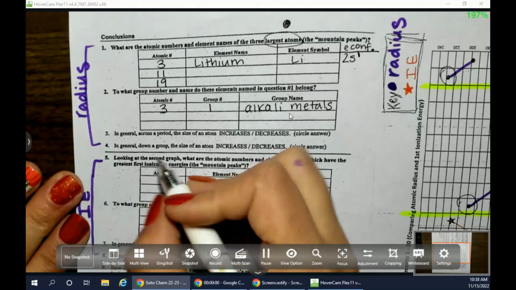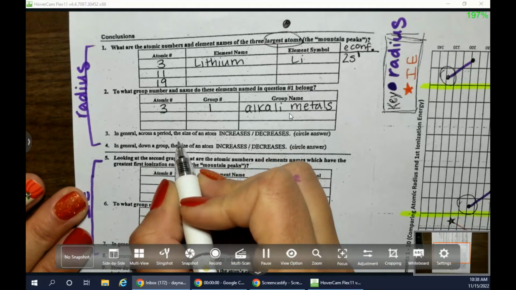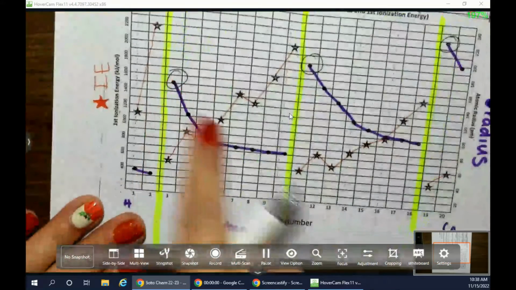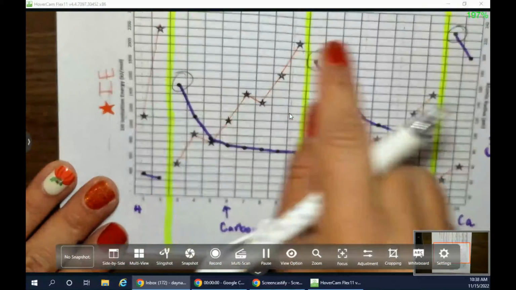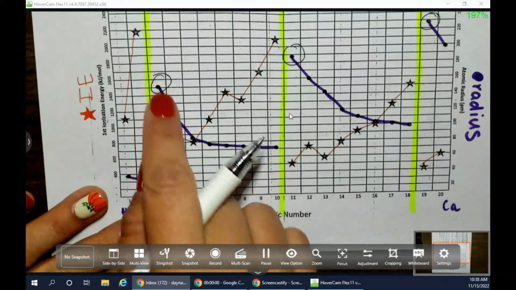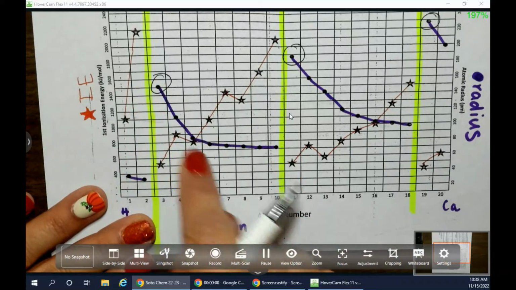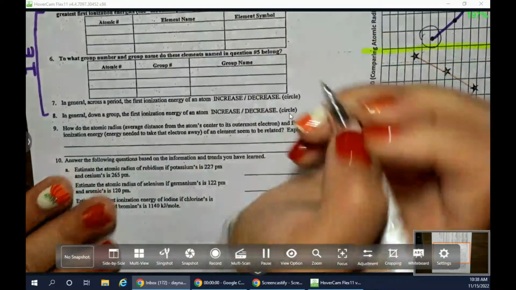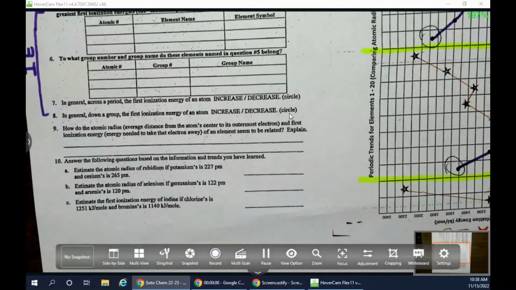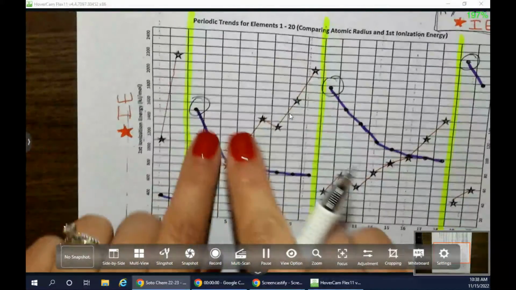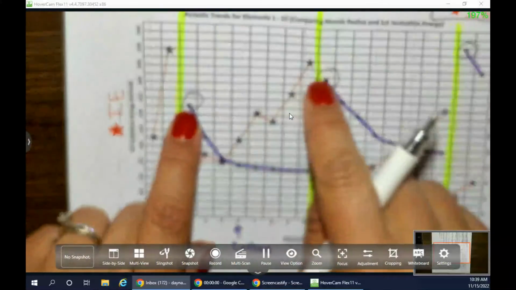All right. In general, across the period, the size of the atom does what? What we're looking at is the trend from each of those circled points. Does it go down or does it go up? It goes down, so it decreases. And then down a group, that means looking at the trend between the 3 dots that we circled.